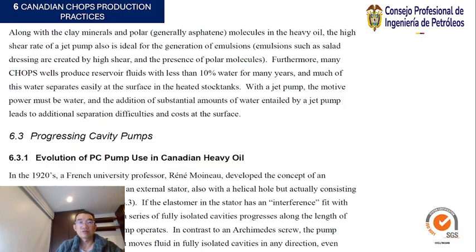Furthermore, many wells produce reservoir fluid with less than 10% water for many years, and much of this water separates easily at the surface in the heated stock tank. With a jet pump, the motive power must be water, and the addition of substantial amounts of water inhaled by the jet pump leads to additional separation difficulties and cost at the surface.